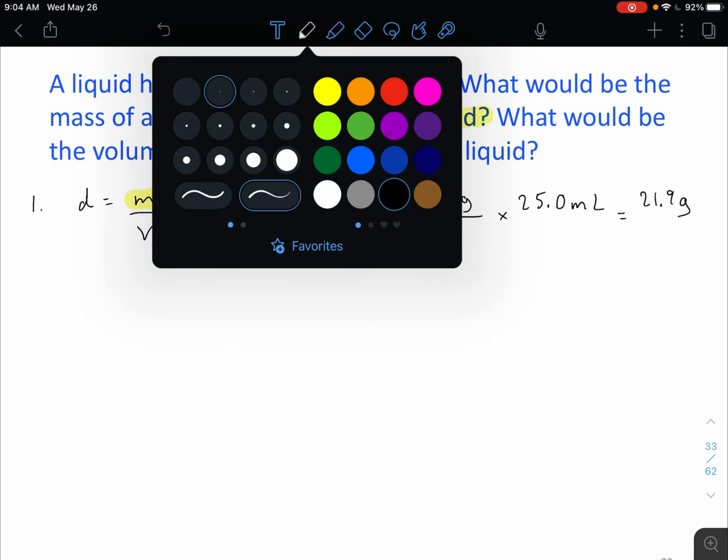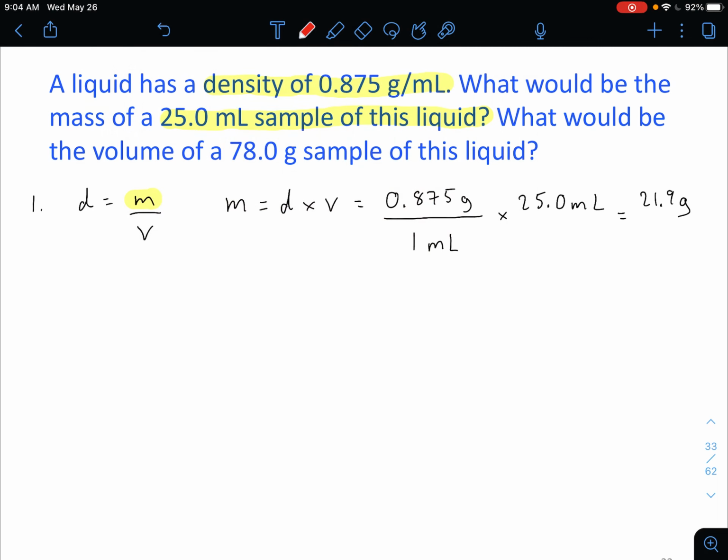Sorry, a couple of mistakes in my first days of videos here, but I'll get back on track. All I wanted to show you here is the milliliters in the denominator of the density cancel out with the milliliters here, which are technically in the numerator of that value. That'll be a fundamental concept going forward: I can cross-cancel units just like I can cross-cancel when I'm multiplying fractions, for example.